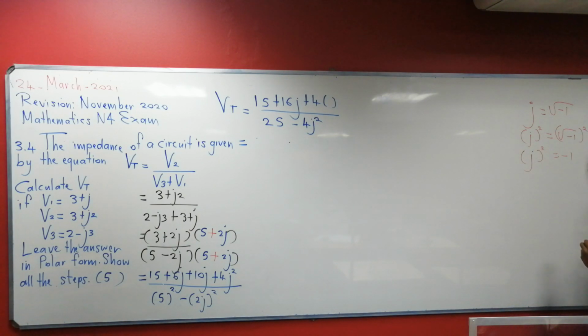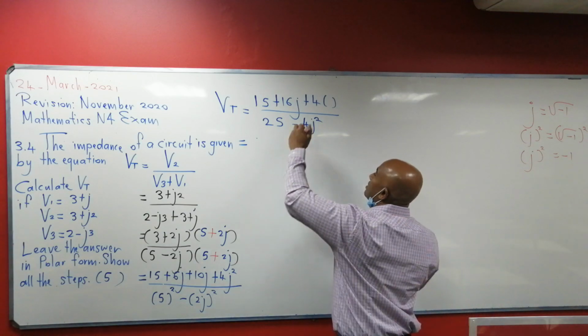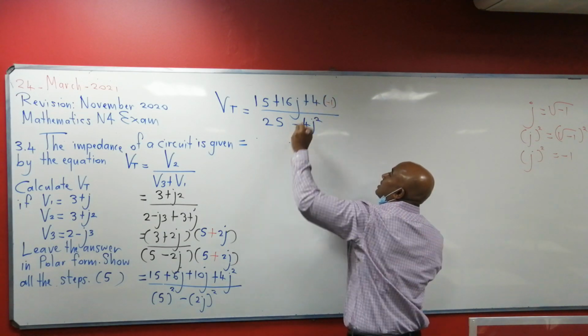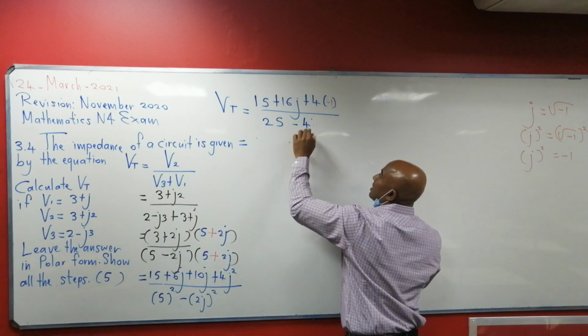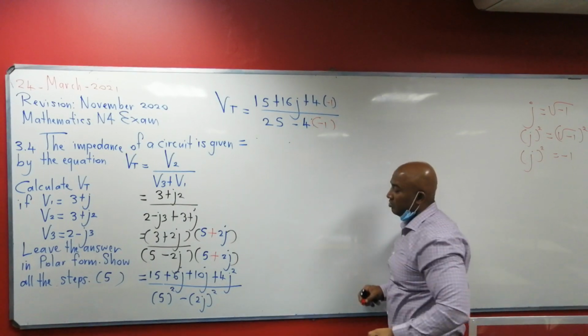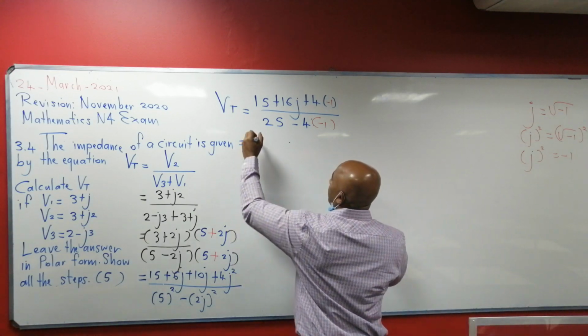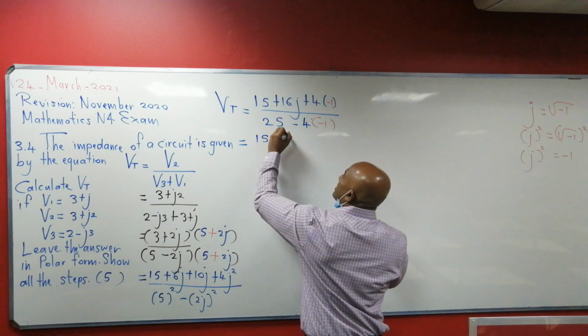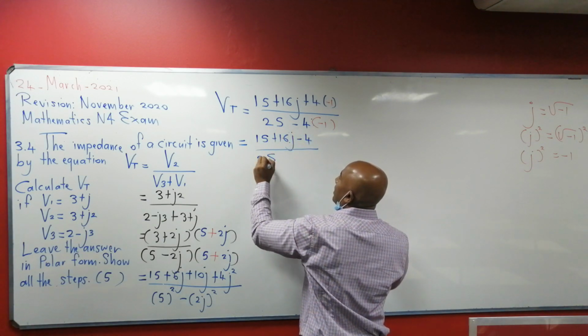So j squared, when you square the square root, will cancel, and you end up with just -1. So wherever you see j squared, you're going to substitute -1. Here, let me do it one time. J squared is -1.